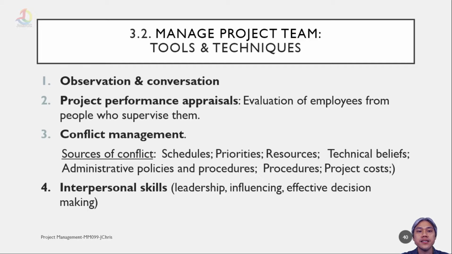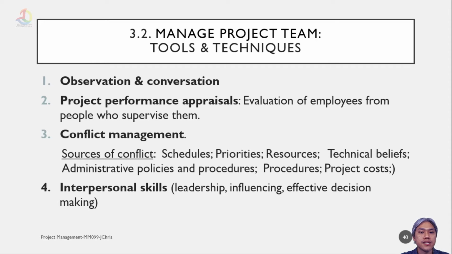The tools and techniques needed are observation and conversation; project performance appraisals, which are the evaluation of employees by the people who supervise them; and conflict management, where some conflicts need to be addressed by their source, such as schedule, priorities, resources, technical beliefs, administrative policies, procedures, and so on.